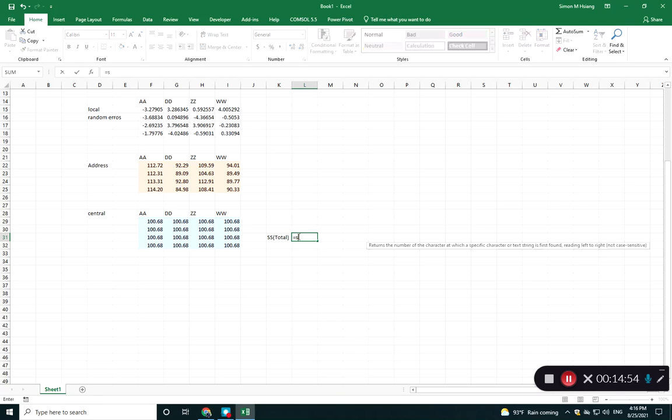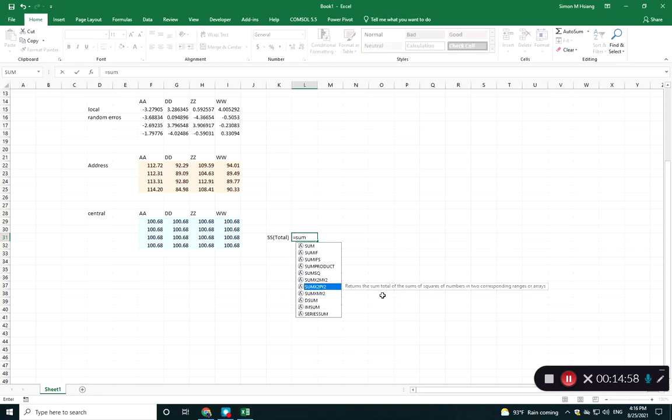Return total sum of square of number of two, return sum of total, no, that's plus. Between differences, okay, that's the one.